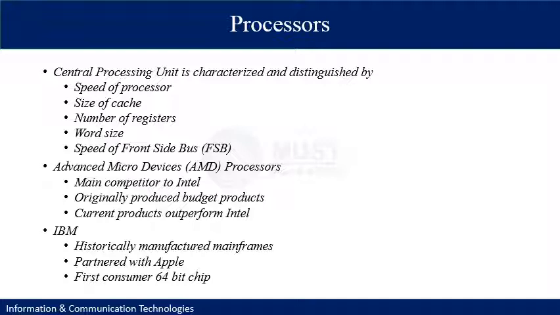As you can see, the speed of the processor is typically measured in hertz, and in current processors it is gigahertz.